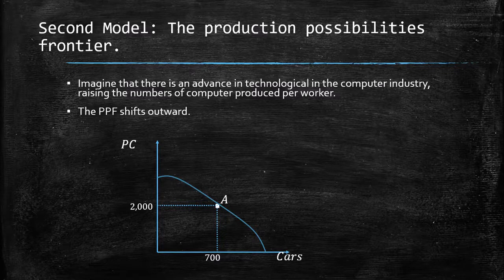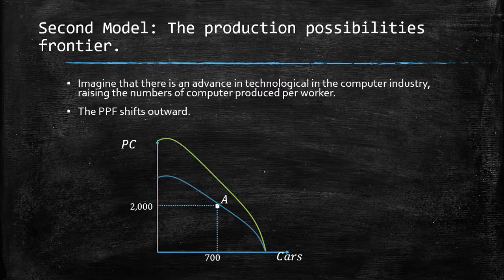But imagine there is a technological advance. Automatically, the production possibilities frontier goes up. But take into account that for cars we don't have any advance. They remain the same if I use all my resources just for producing cars.